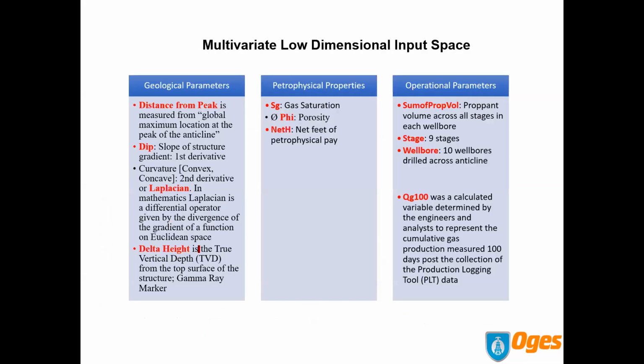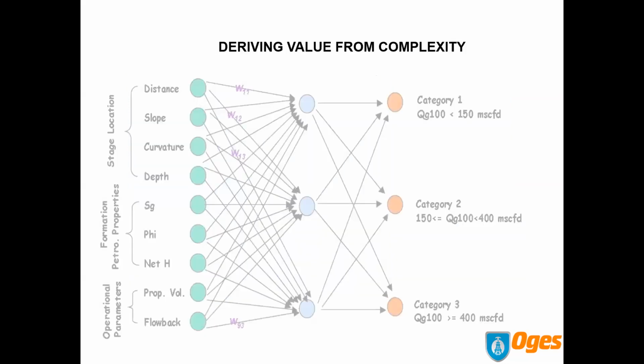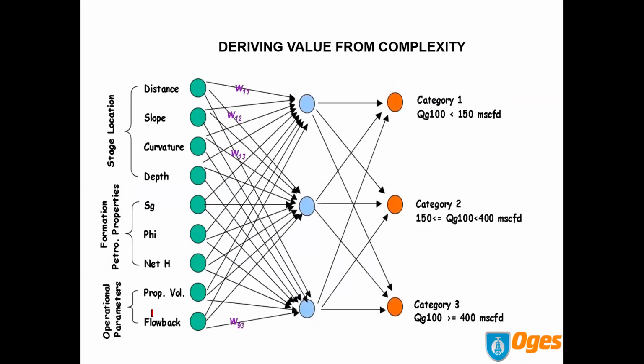What were the operational parameters and the values that would give us category 3? And we had to be cognizant or aware of some of the formation petrophysical parameters that would be influential on the category 3.